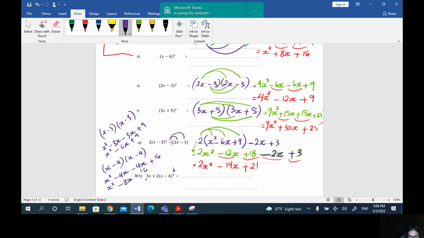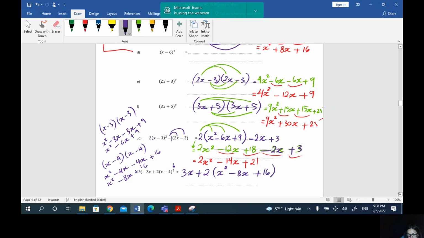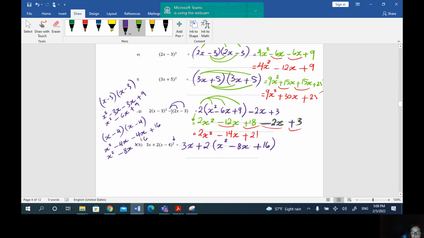Okay, so 3x is on its own, so we will write it as is. Plus, the 2 is outside this bracket. The x minus 4 to the power of 2 comes down to x squared minus 8x plus 16. Now, let's collect like terms. Equal under the equal.